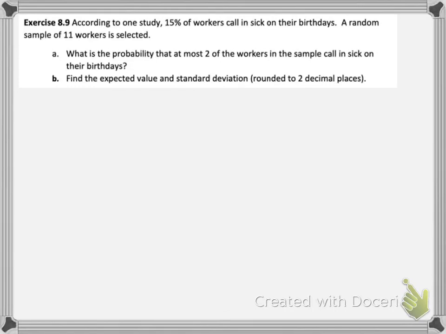So now let's first write down N, right? How many people are selected in this example? 11 workers. So N is 11. And then P is the probability of success. So 15% of them call in sick on their birthdays.